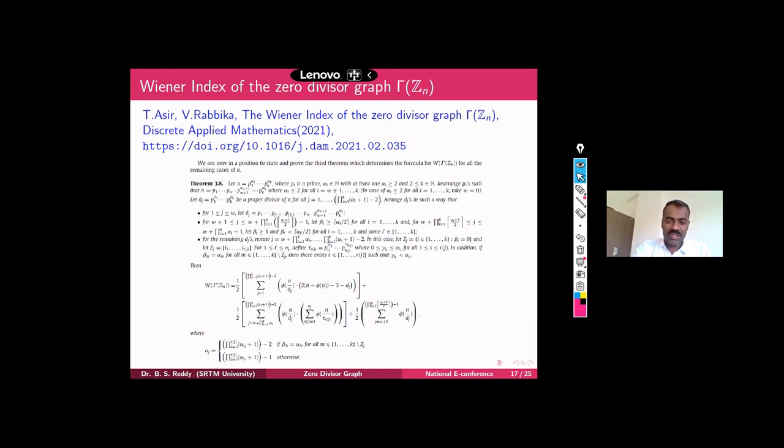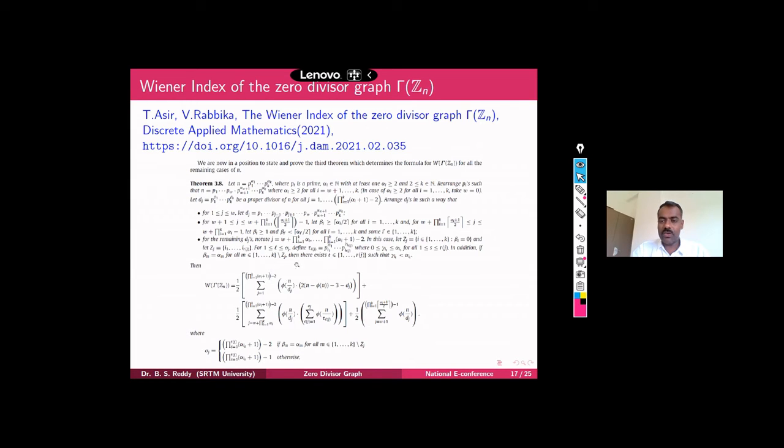Why I am showing this: if you see this, this is the statement. The statement itself is so elaborated. There are so many things you have to define, so many things you have to mention there. Under all those notations, they have mentioned the Wiener index for any Zn.